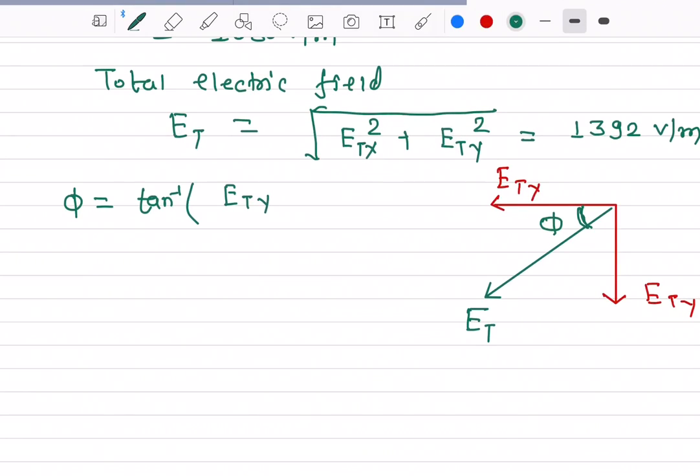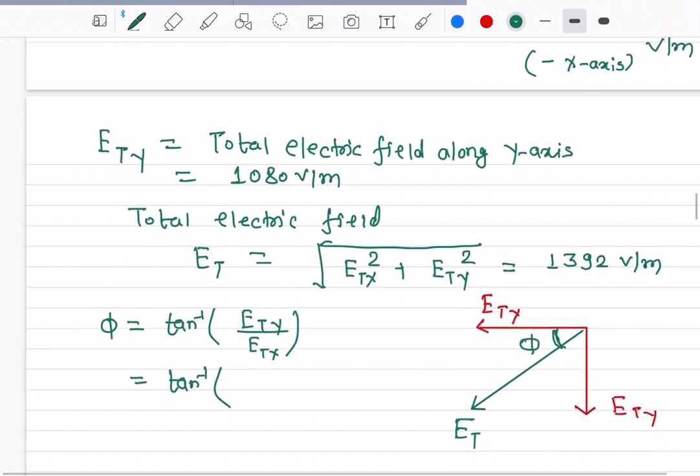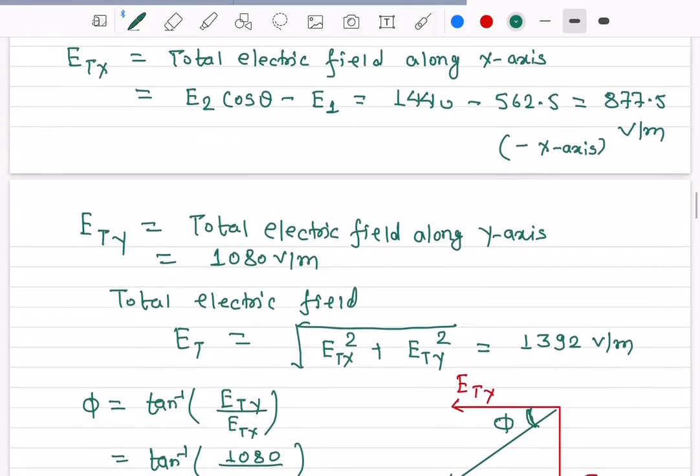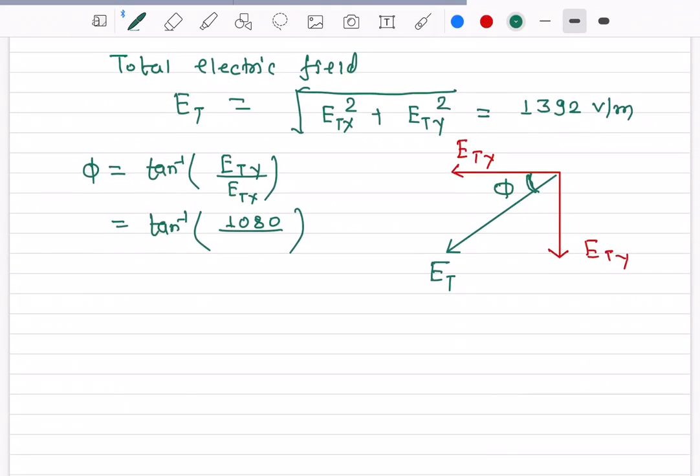How can we find out the phi? Phi we can find out by doing tangent inverse of ETY, the y component, divided by ETX component. So if we solve it, what is the total y component? The total y component is 1080, and the total x component is 877.5.